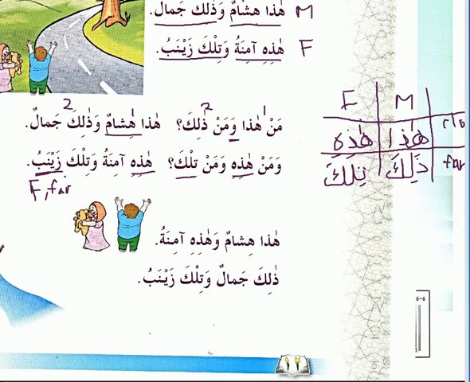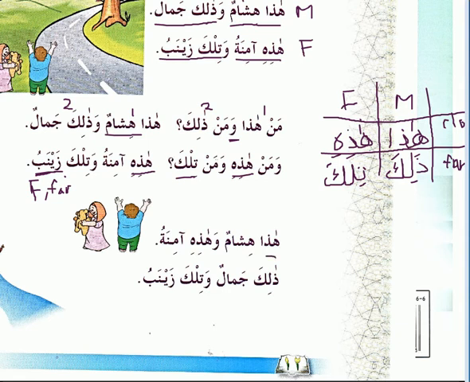Hal Zainabu hadihi, right. Because hadihi is feminine, so we had to use hadihi. I saw some people with hada. Remember that Zainab is a girl, so we use hadihi. So hal is, hadihi, this, Zainabu, Zainab. So is this Zainab? So just like that, we can use hal for non-living things, objects, people, anything. But man we can only use for living things.